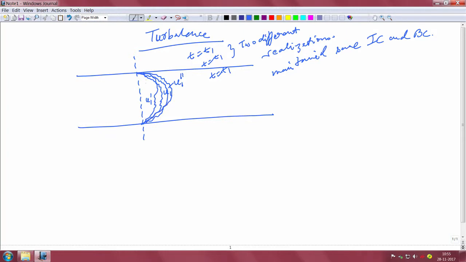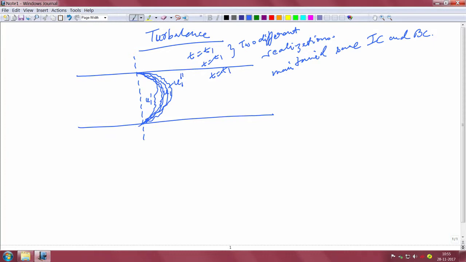Let me look at the initial conditions and the boundary conditions, maybe something is fluctuating. So, you look at the initial and boundary conditions very carefully, you look at each and every parameter very carefully, and you find there are no variations. So, even if I take another measurement, I will get something like this. If I take some other measurement, it will be something like this.